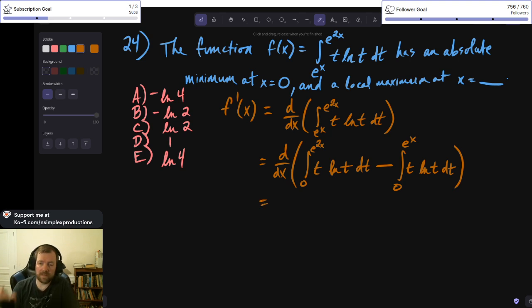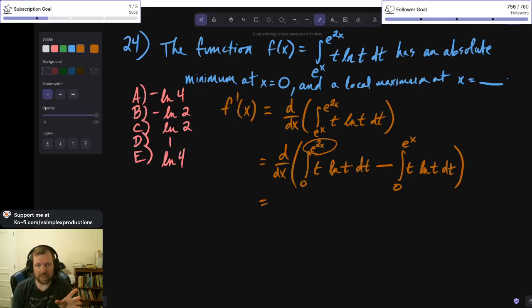When we take the derivative with respect to x of integrals that go from a constant up to a function value in terms of x, we're in effect just replacing the bits that we have.